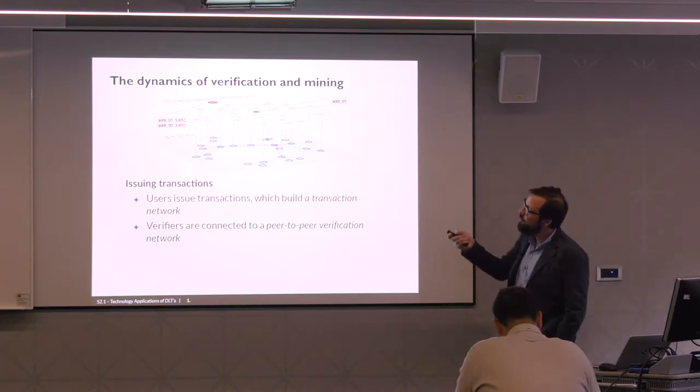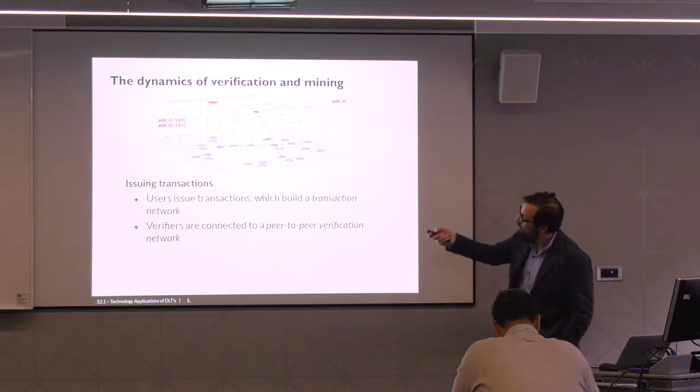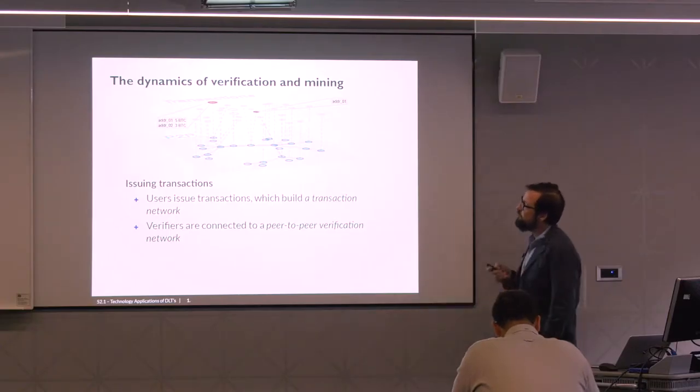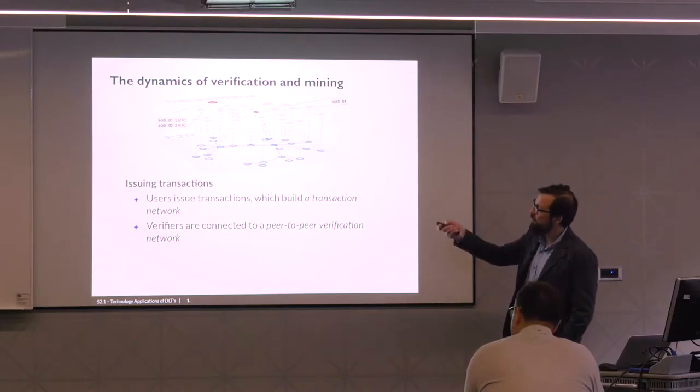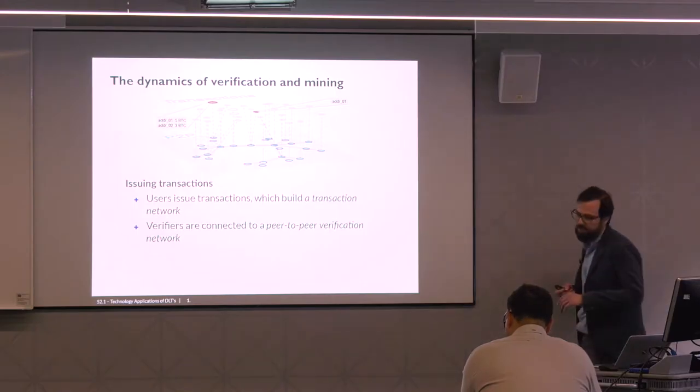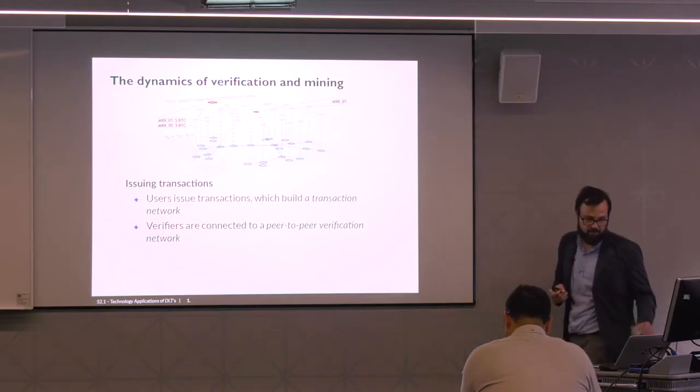On the one hand, you have, as we already described, this network of transactions. These were users then connected to the verification network. So how do the transactions take place?